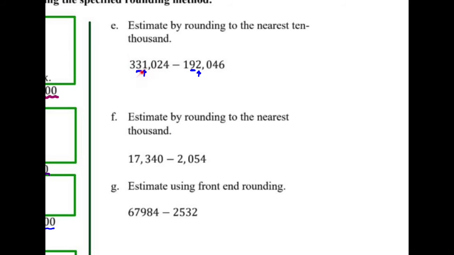So this first number, the 1 is going to round down, which means we leave the 3 as is. So we have zeros on everything after that. So 330,000 minus. Now the 2 is less than 5, so that means it's going to round down, and we leave the 9 as is. So 190,000.